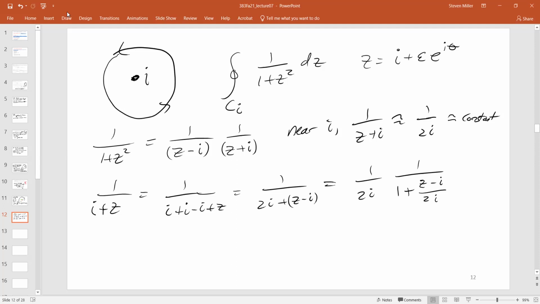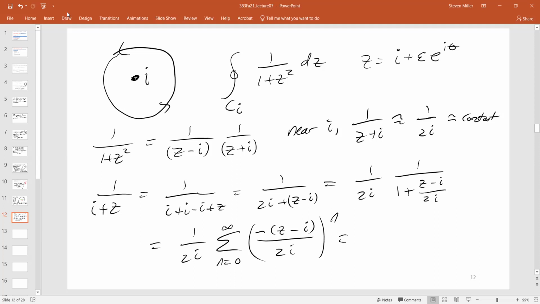And now we can just expand it by the geometric series. It's 1 over 2I, and then a sum from 0 to infinity of negative z minus I over 2I to the nth power, because I have a plus sign. So I'm just playing some games to see what the expansion is going to look like.